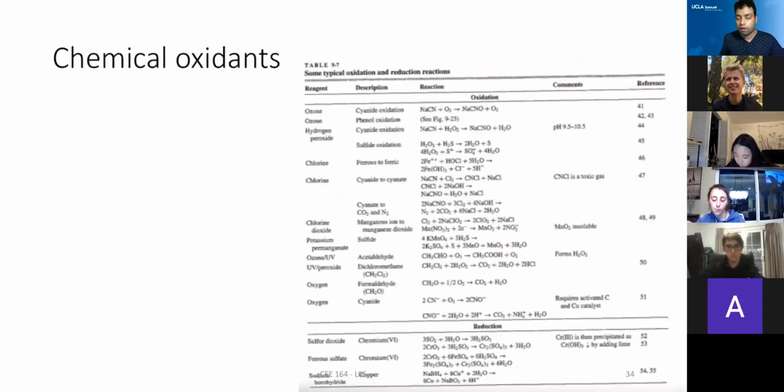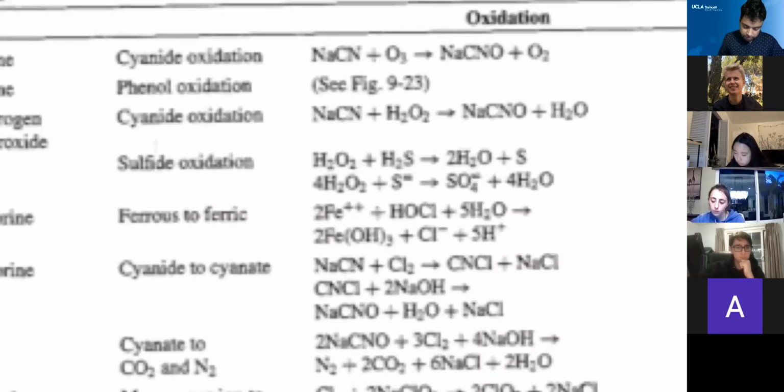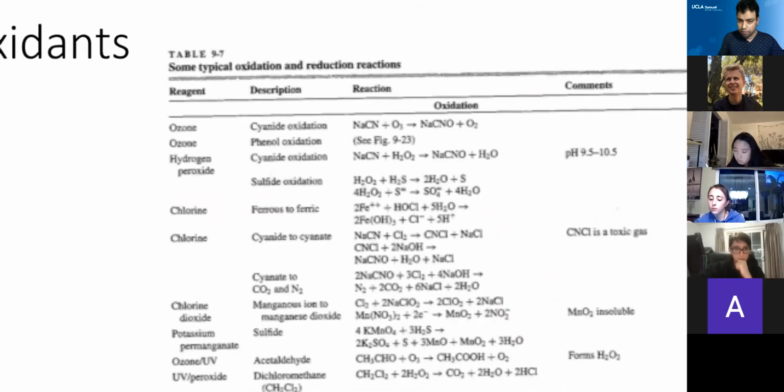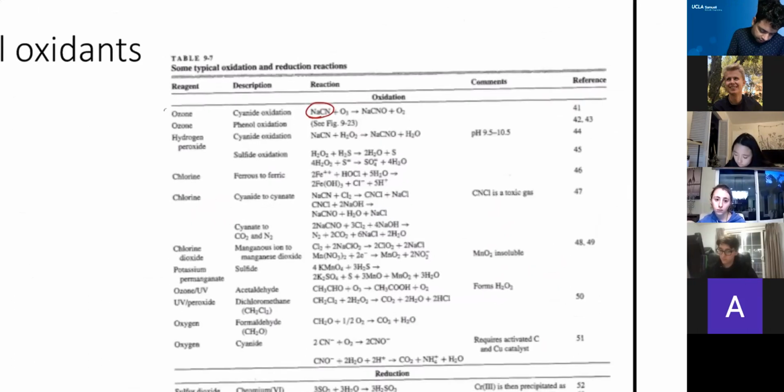Now, to know which one to use, this reaction gives you some examples. It's hard to see because I lowered the quality, but you have the handout where you can check. NaCN, a cyanide, is a type of pollutant you might find in some water, and you can oxidize it using different types of reagents, oxidants.